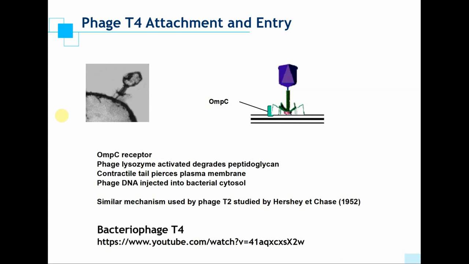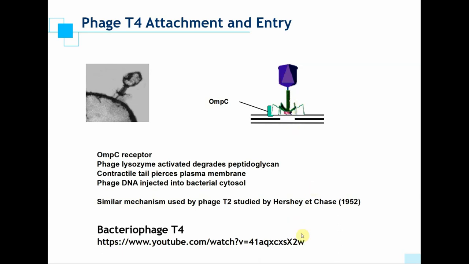Then the hydrophobic domains in the base plate will traverse the outer membrane, and there are several copies of lysozyme attached to this base plate, which will be released and degrade the peptidoglycan layer.